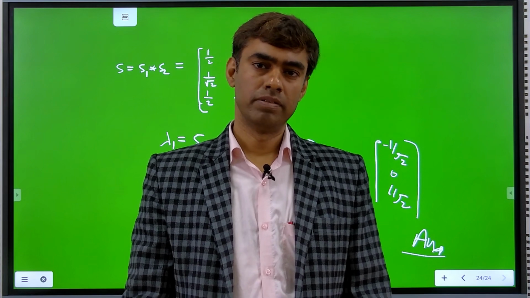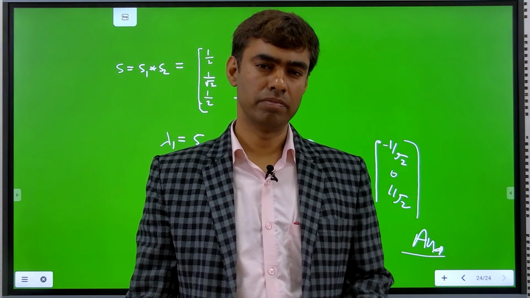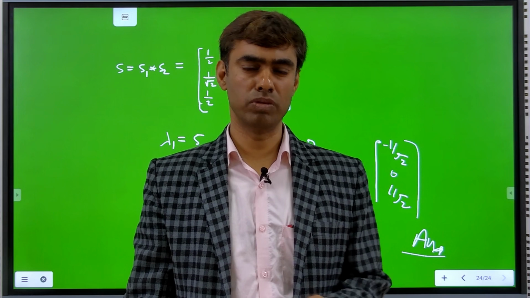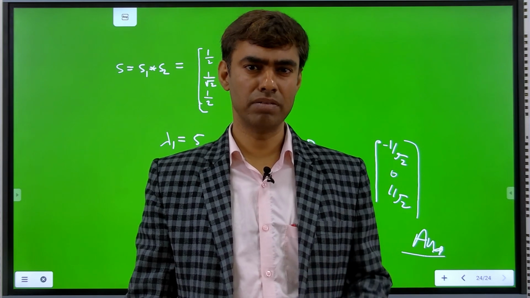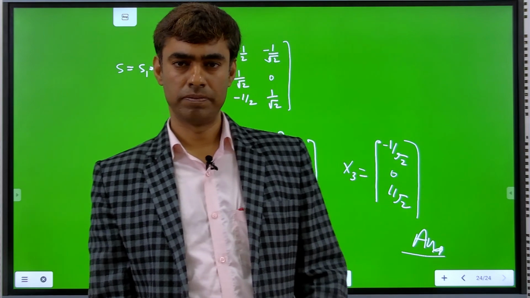Then we find a similar matrix B1 using the relation B1 equals S1 inverse A S1. Examine whether B1 is a diagonal matrix or not. If it is a diagonal matrix, then we stop the transformation.